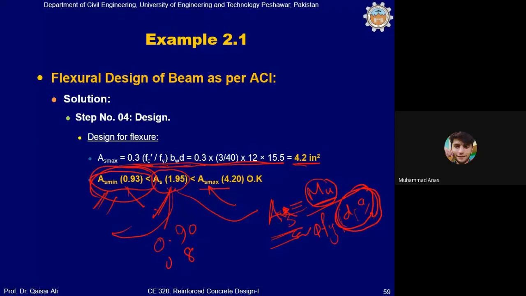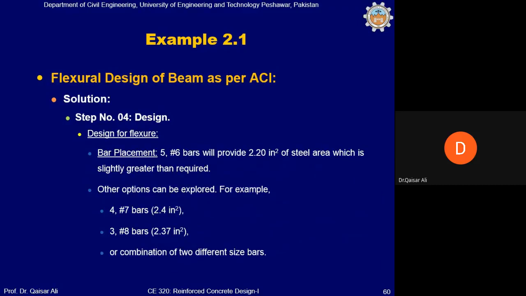Okay, the next is now placement of bars. In the placement of bars, as I said earlier, there will be some limitations and restrictions from the practical point of view.